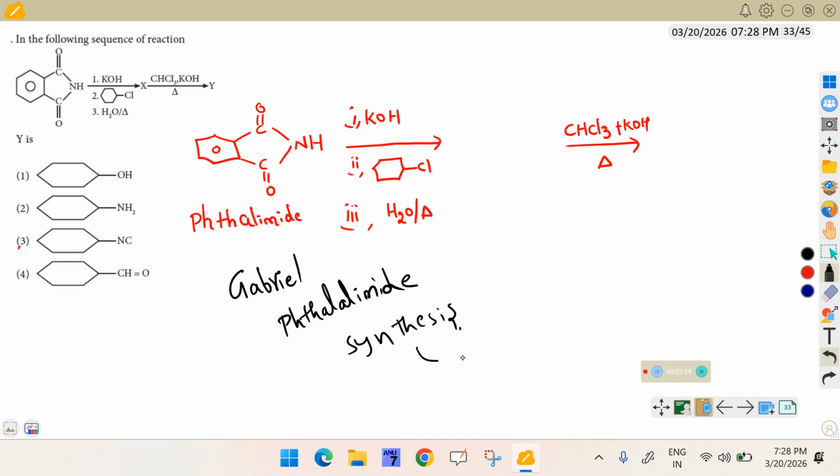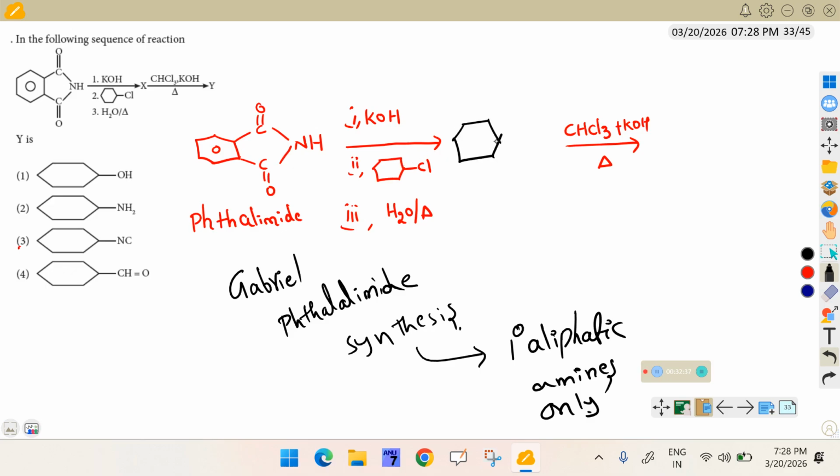Gabriel phthalimide synthesis, we can prepare 1 degree aliphatic amines only. So it gives 1 degree aliphatic amine, cyclohexane with NH2 group.